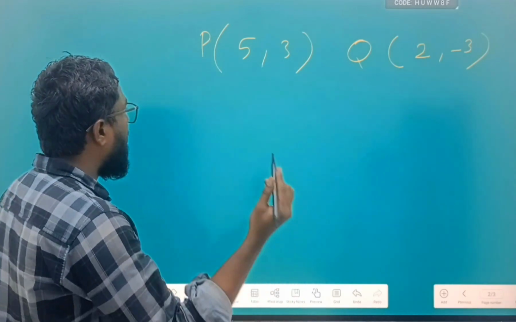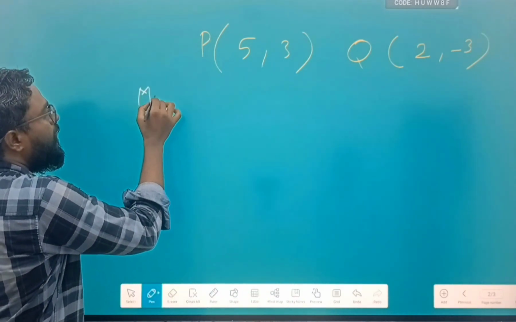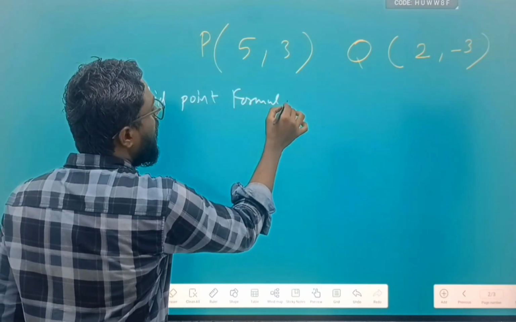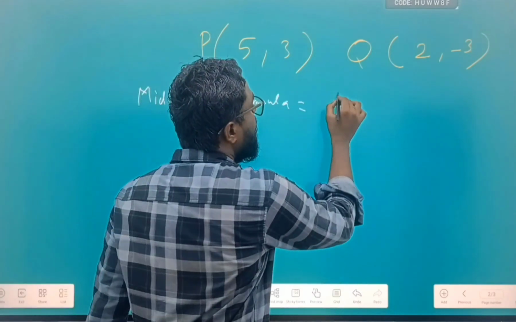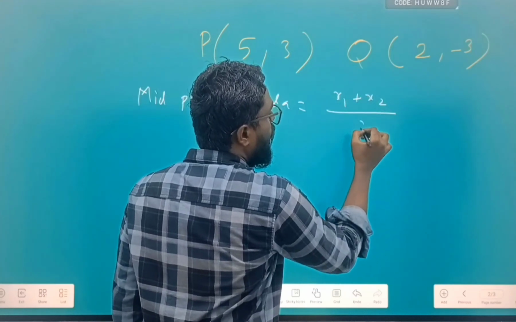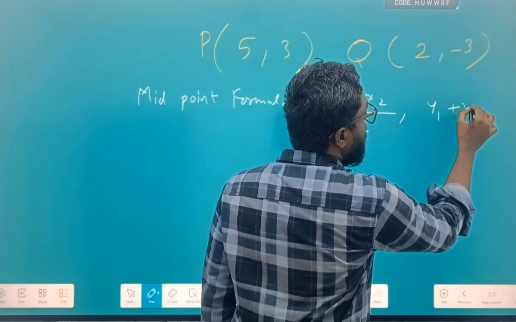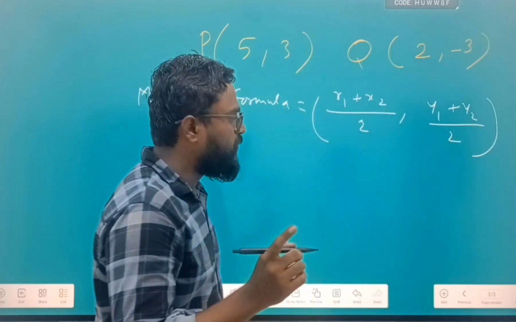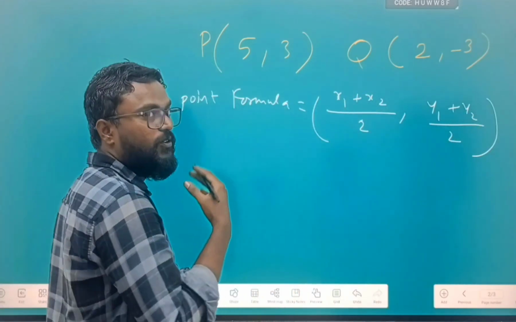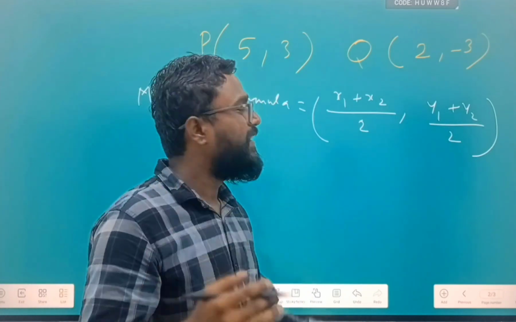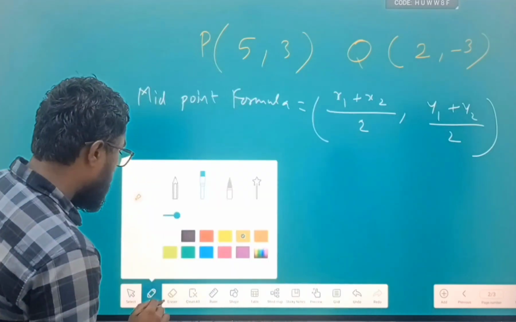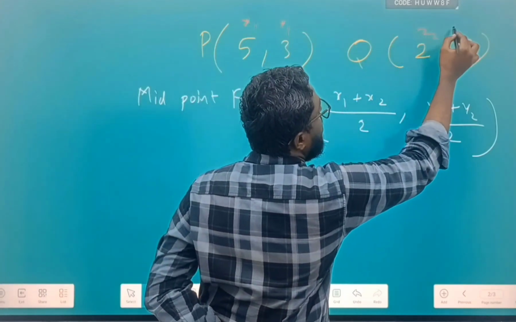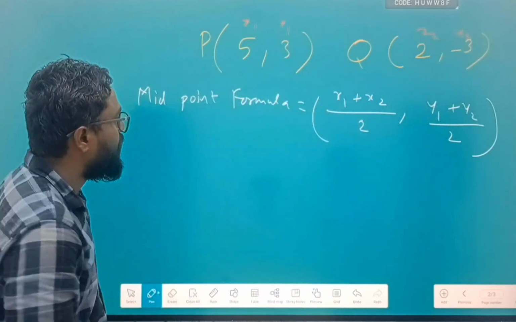So according to the midpoint formula, it's x1 plus x2 over 2, y1 plus y2 over 2. Let's substitute the values of x1, y1, x2, y2 into this. Initially, let me give them these names x1, y1, x2, y2.